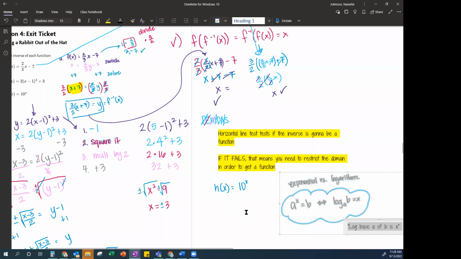Okay, so over here, you're saying, Ms. Johnson, this is this side, and now you write this side. First, just write h inverse of x. You write your log. Okay, here it says I need a base. That little a is your base. Where's your base here?